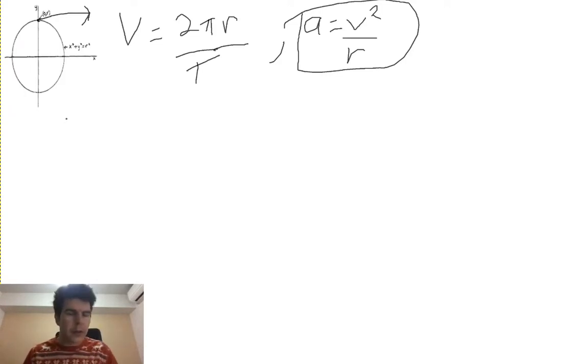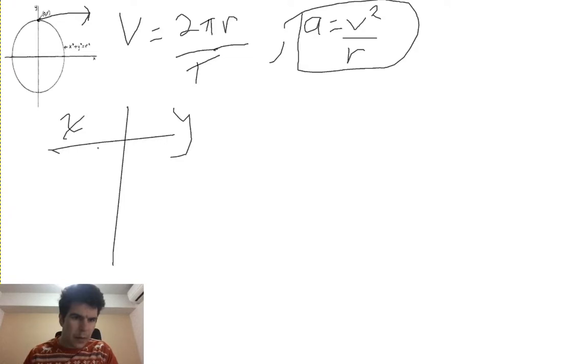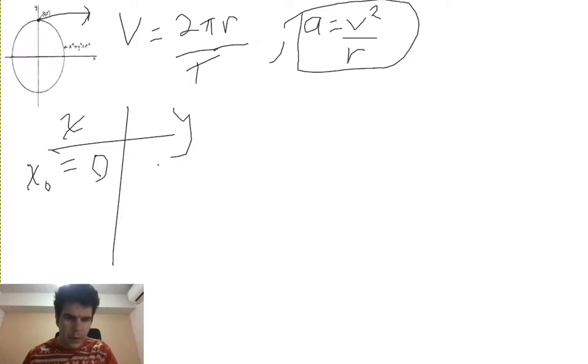So if we look at our initial conditions in x and y, we have that the initial position x0 is 0, where the initial y position, y0, is actually r, because this is a circle of radius r.